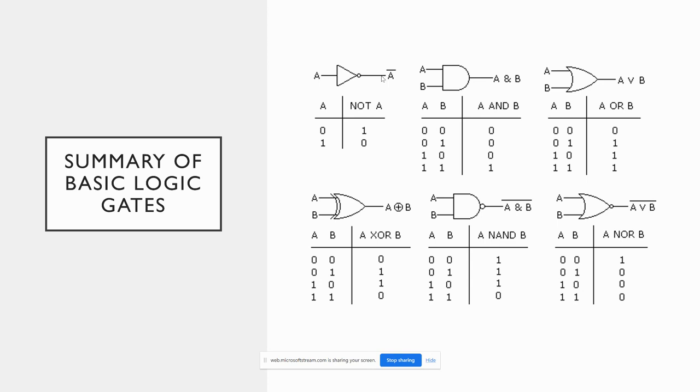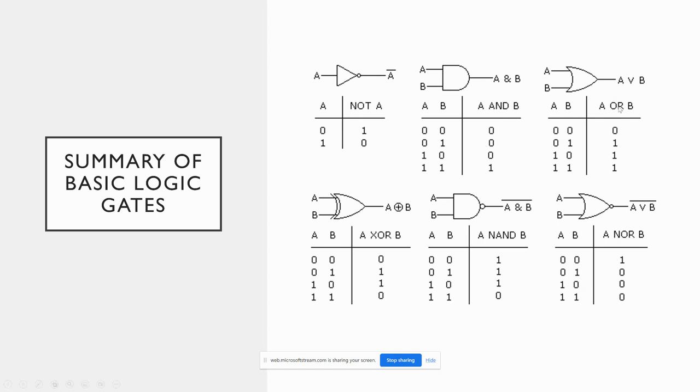For A AND B, sometimes we write A and B, sometimes A with the infinity-like symbol and B, sometimes A dot B, and sometimes we put A with B together with nothing in the middle, as in multiplication, and that also counts as the A AND B gate.